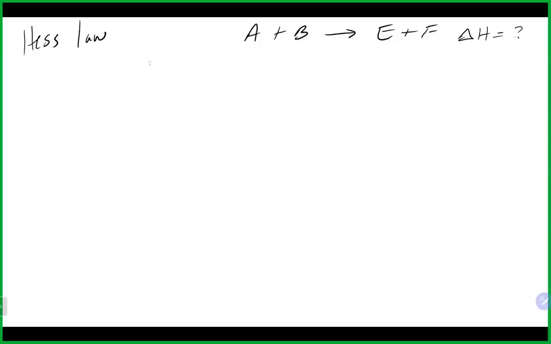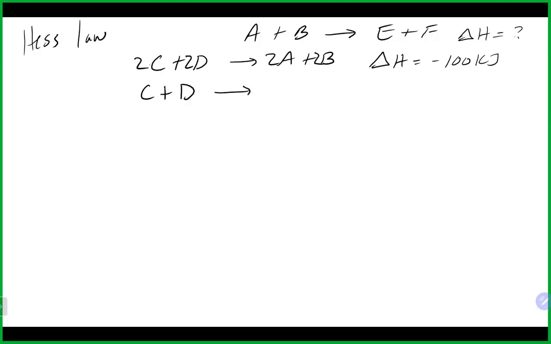But we know that if we take C plus D going to A plus B, actually we'll do 2's on all those just for fun, the delta H here is negative 100 kilojoules. And we know that C plus D goes to E plus F, and the delta H is, say, 50 kilojoules.